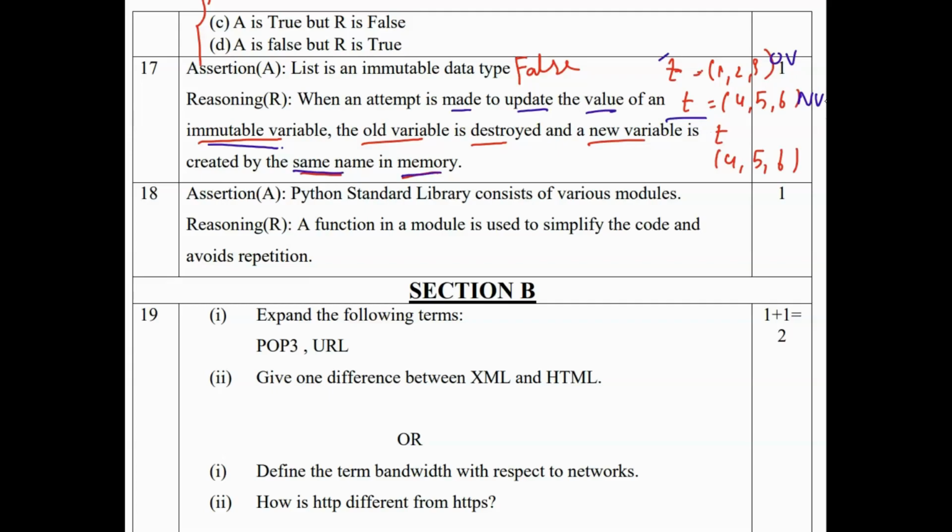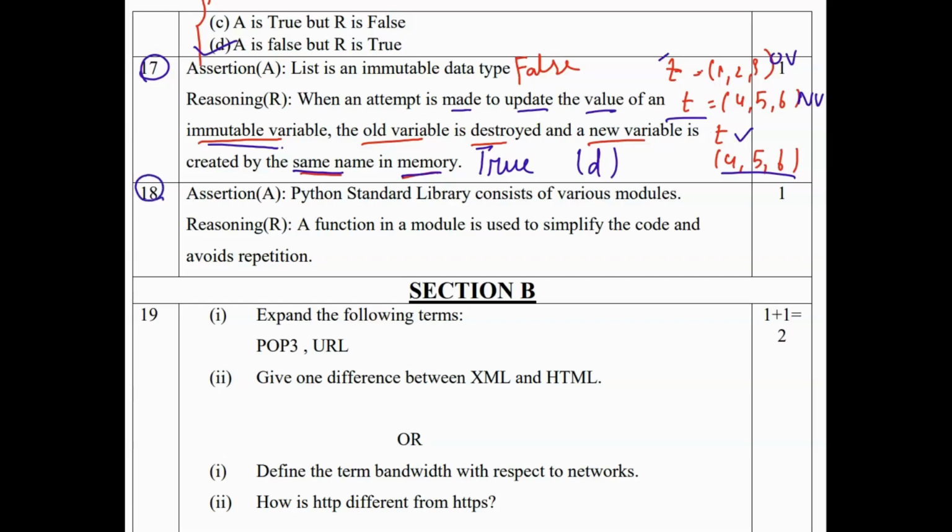So in the same name t, the new value will get updated. Whenever I try to print t, it will give only the new value. It will not provide the old value (1, 2, 3). So the statement is true here. So what option should you pick? A is false but R is true. So you should pick option D. This is for question number 17.